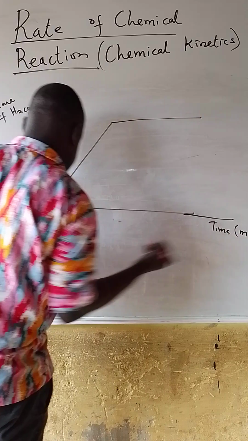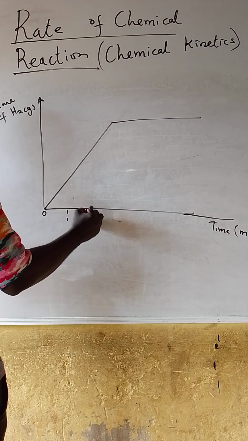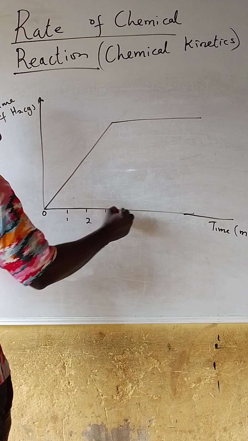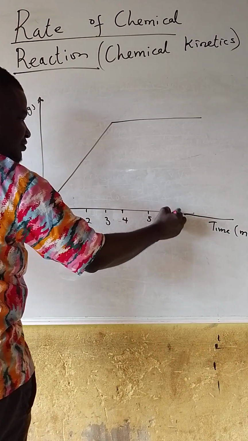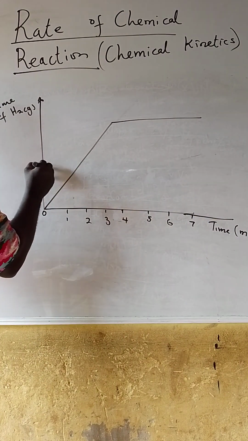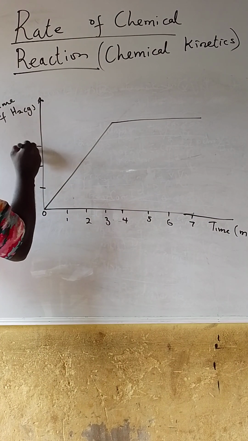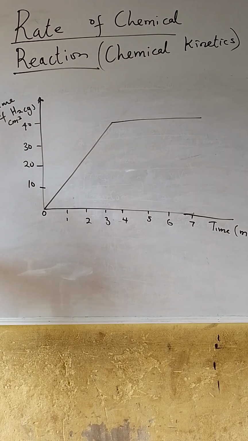Let's use minutes. Then this is 0, 1, 2, 3, 4, 5, 6, 7. Let's go 10, 20, 30, 40 in cm cube.